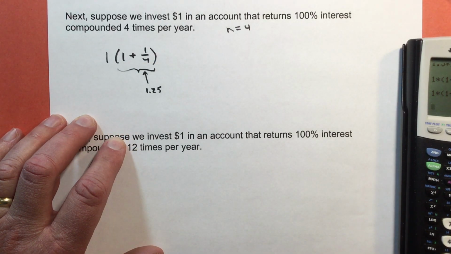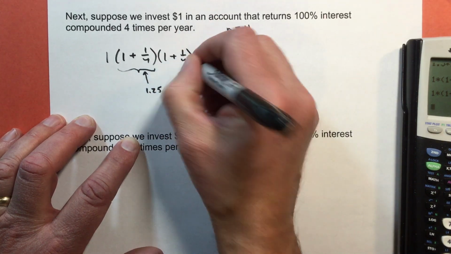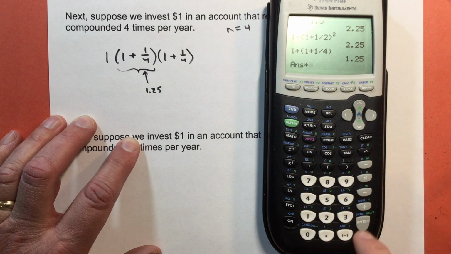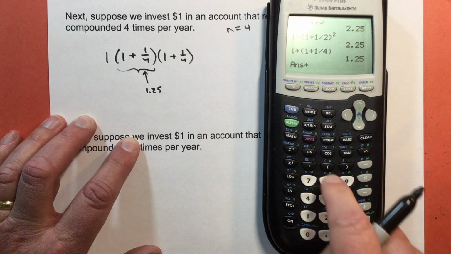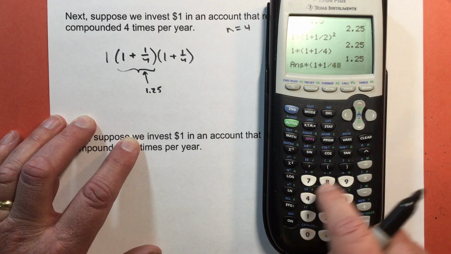Now when I put that money back, I do it again. So now I'm going to multiply this times, and I'm going to rewrite everything. I know I can just hit enter on this calculator, but I'm going to put it in again so you can see it. 1 plus 1 divided by 4.